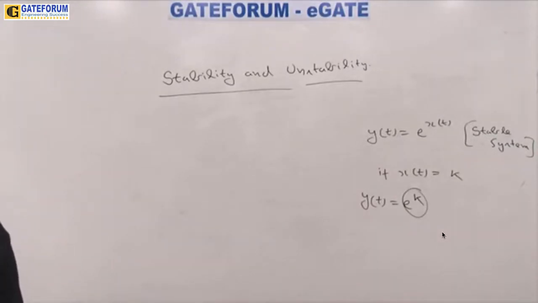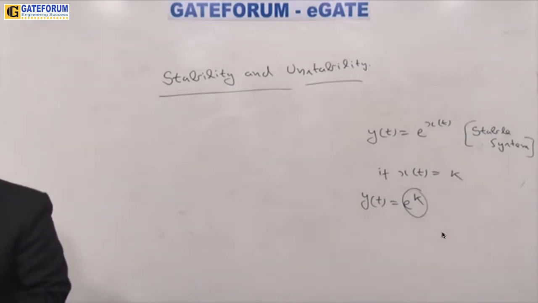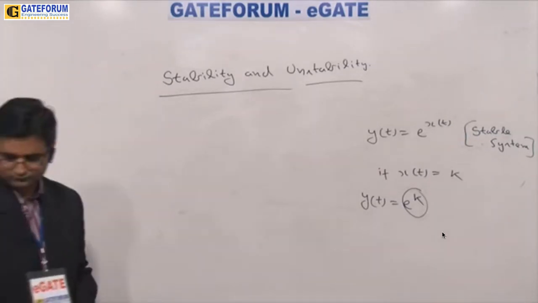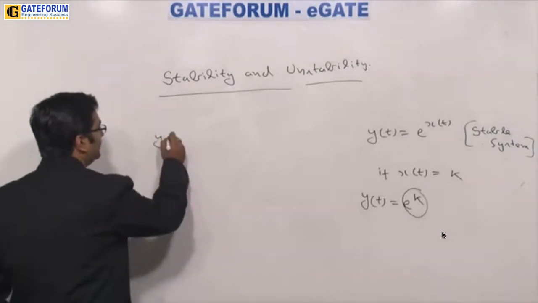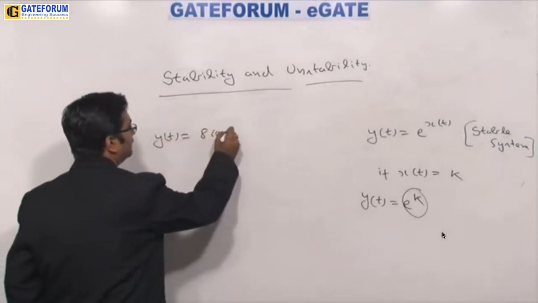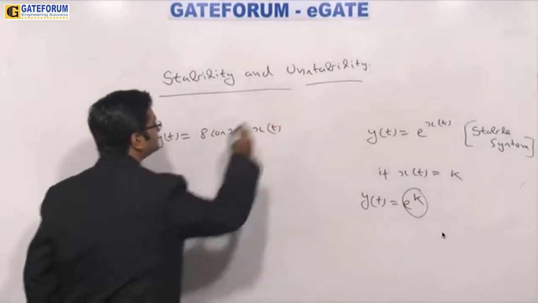We'll take one more example. y(t) equals 8 cos 2t times x(t).